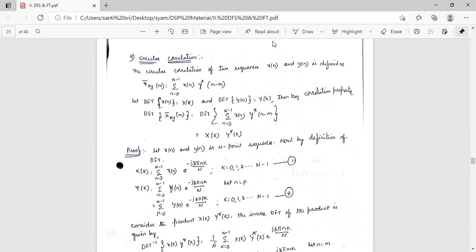Right, let DFT of x of n be X of k and DFT of y of n be Y of k.